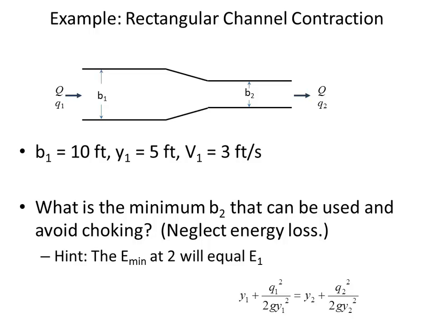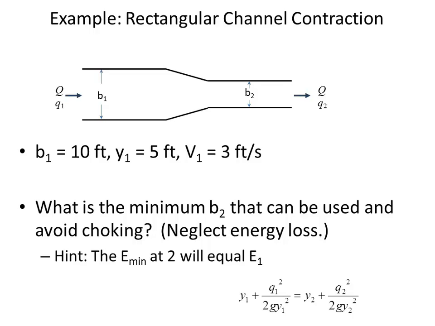So what was the process here? Like, what's the problem-solving procedure? We found the specific energy at 1, and then again, there's that big idea that critical conditions are what corresponds to minimum energy. And so if we're trying to find the minimum width at D2, any narrower than that is going to cause choking.